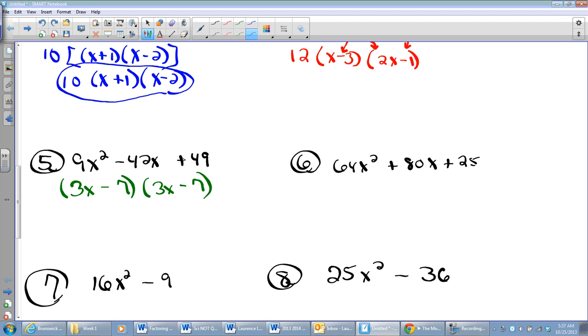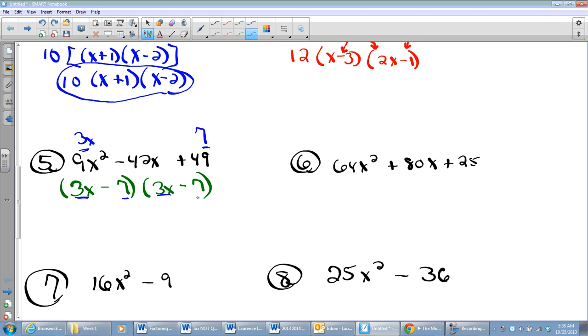Hopefully you're thinking it's a perfect square. What's the square root? It's 7. We're only dealing with the positive square root here. What's the square root of 9x squared? Well, it's 3x, right? Did you see that? The square roots show up in the problem.